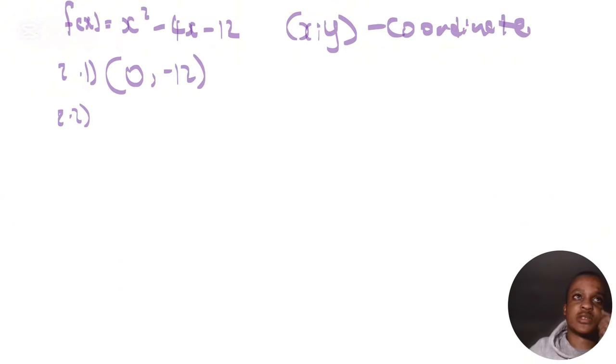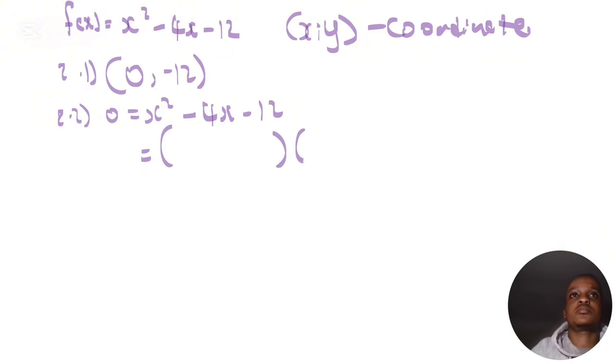Then the x-intercept. We said we're going to let y become 0, so we have 0 is equal to x squared minus 4x minus 12. What do we do? We factorise. And I want you guys to listen very carefully. If you don't know this method, use your quadratic formula, people of God.